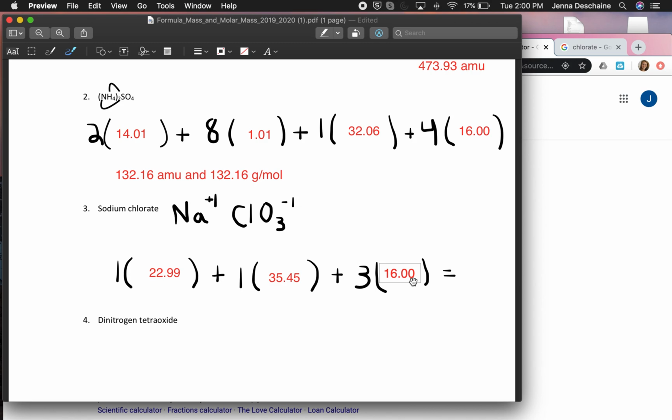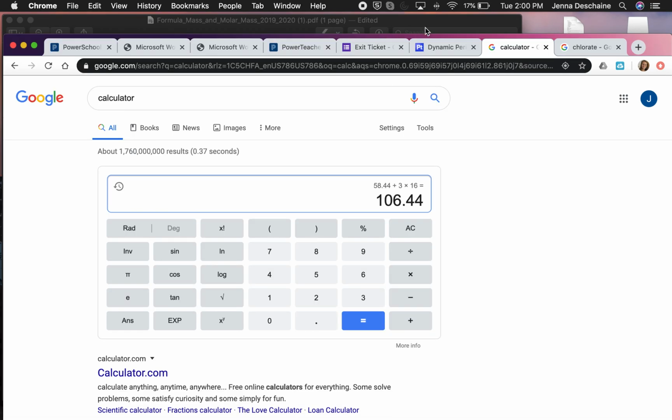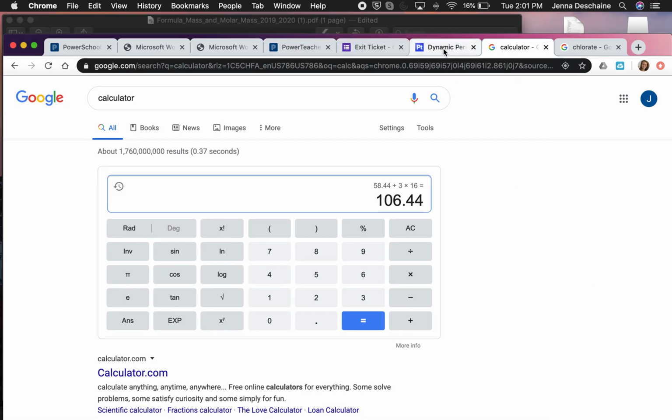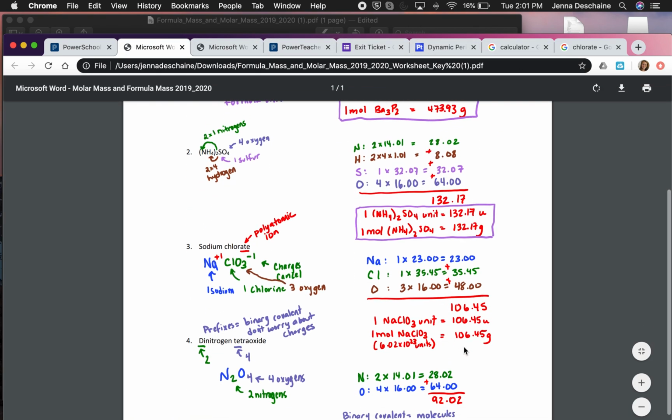So my final answer should be 106.44 AMU and 106.44 grams per mole, just like that. Okay, so let's see if we got this correct. Pretty dang close.